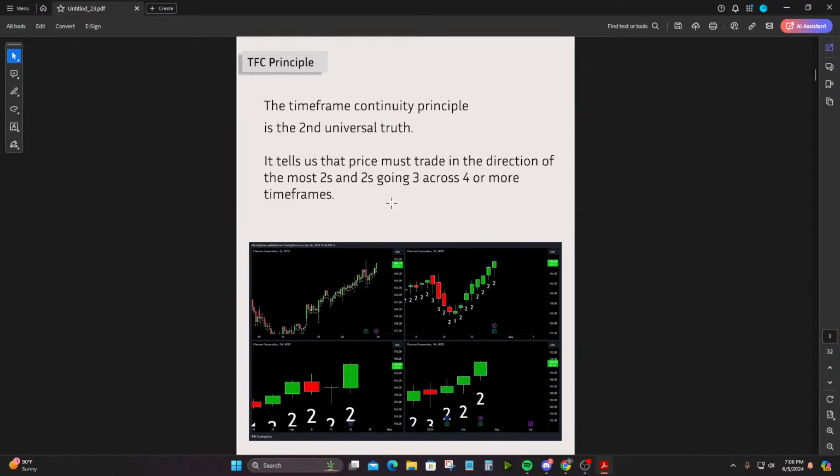So time frame continuity tells us that price must trade in the direction of the most 2s and 2s going 3 across 4 or more time frames. You can think about it as kind of market correlation or having the market wind at your back. So when the market overall is going up, we want to be trading the things that are also going up.